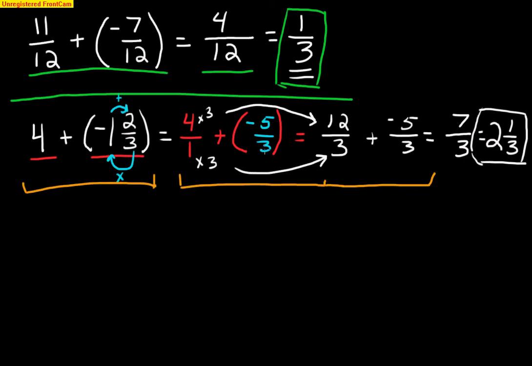So we used 3, which we didn't change the negative 5/3, so we just wrote that over here. But we did change the 4 over 1, so we had to multiply the top and bottom by 3. So the 1 times 3 became 3, and then the 4 times 3 became 12. And that left us with this equation, which we can now go ahead and add. And so that gives us the 7/3, which we convert over to the 2 and 1/3.